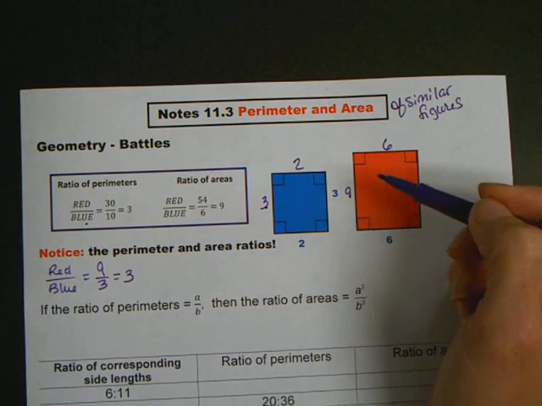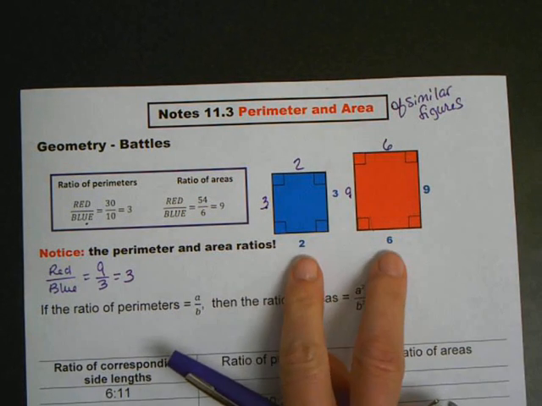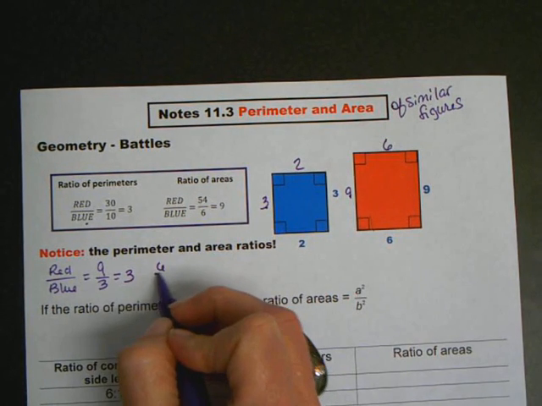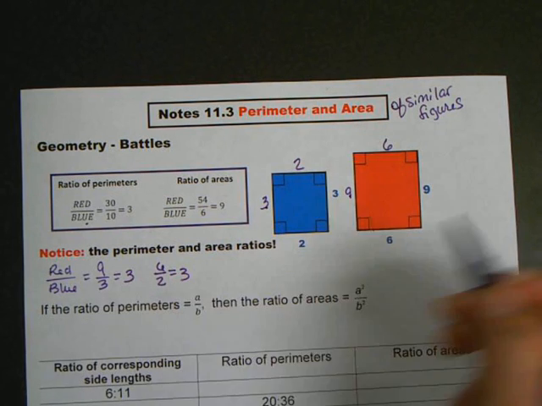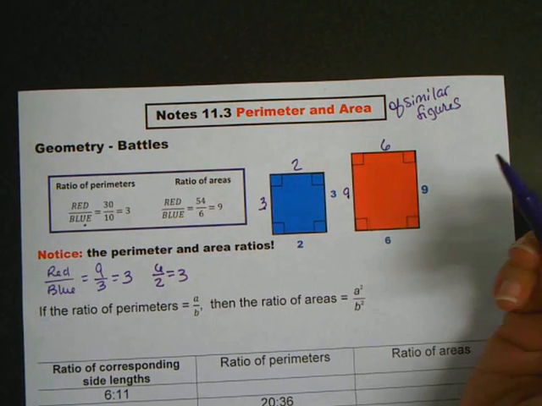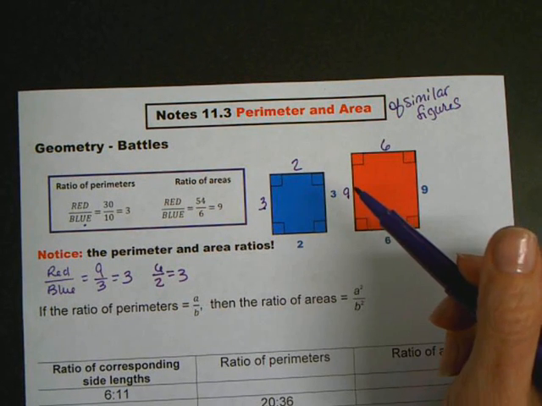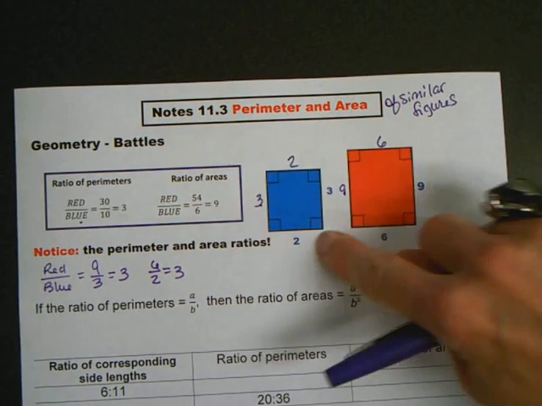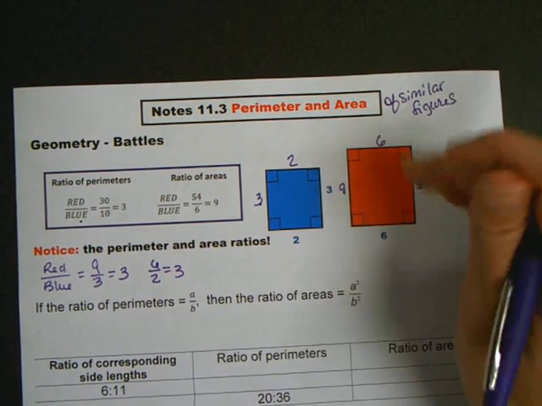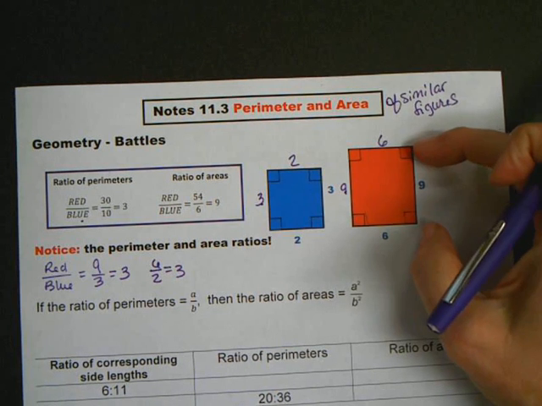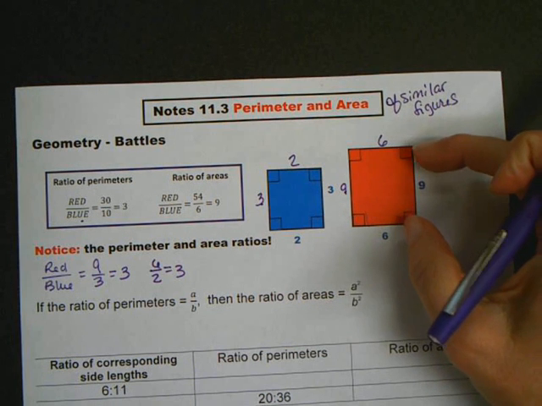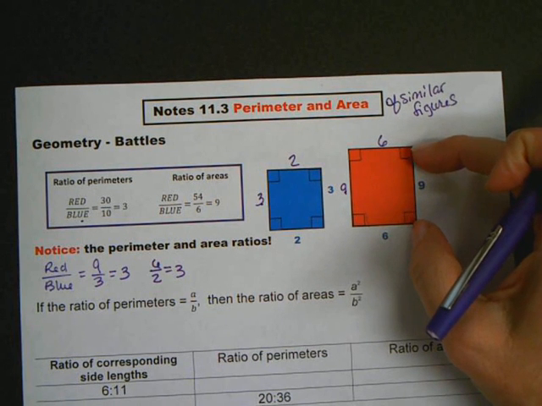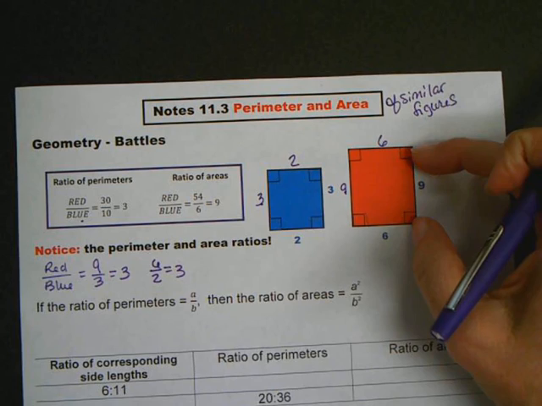If we were to use the other sides, 6 and 2, 6 to 2, it also reduces down to 3. And the reason why that works is because perimeter is one-dimensional. You're finding the length, and length is always one-dimensional. And so it'll work whenever you're writing your ratios of perimeter.